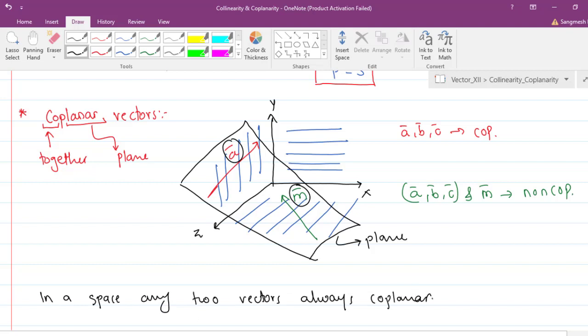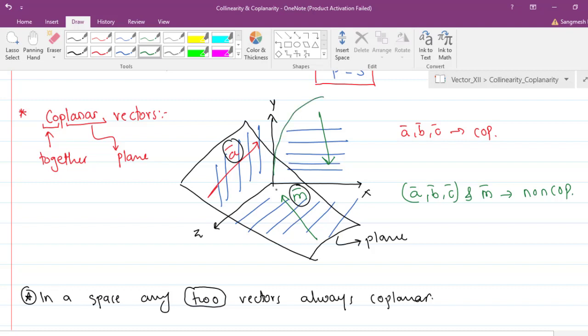Any two vectors, if you have, this statement is true only for two vectors. If you have three vectors, no, you cannot conclude that the three vectors are coplanar vectors, because the moment I add the third vector here, you cannot draw the plane which includes all these three vectors. But we can draw a plane which includes two vectors.